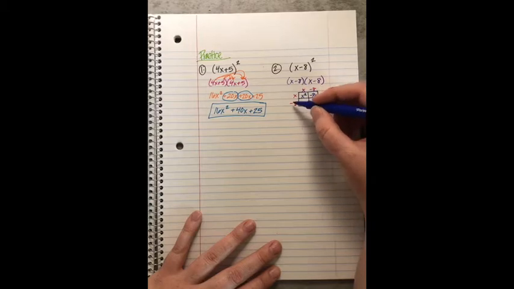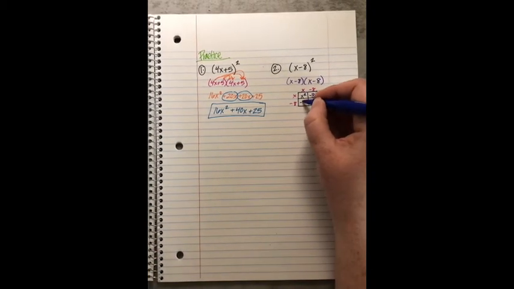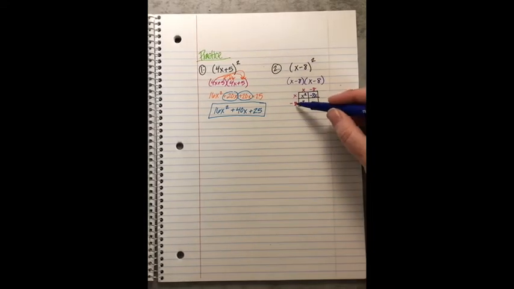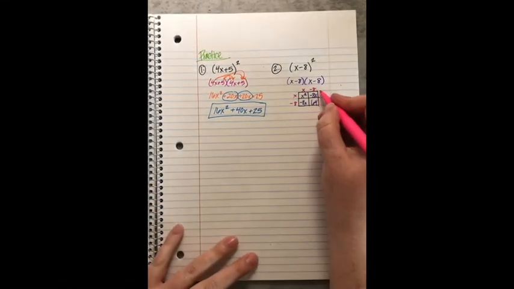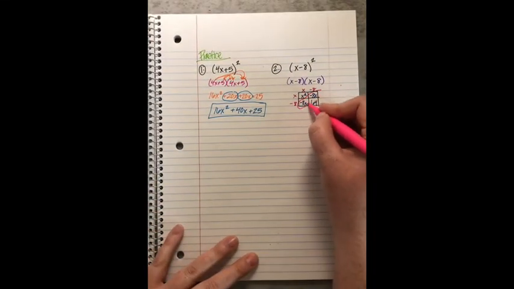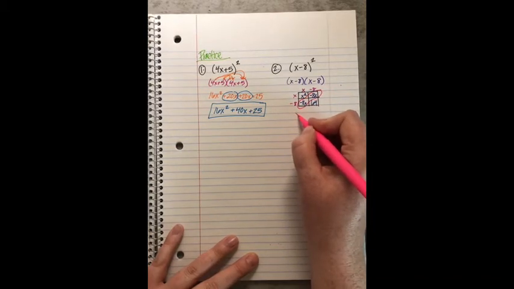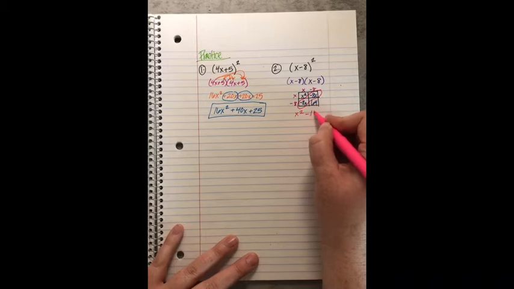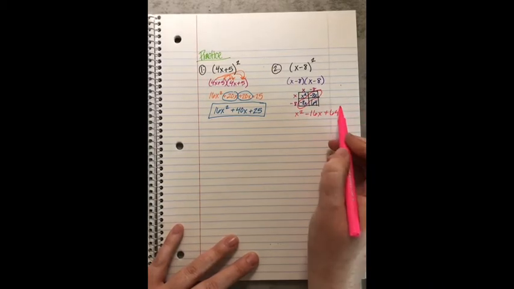Negative 8 times x is negative 8x. And then the last one, negative 8 times negative 8 is positive 64. All right, we combine these like terms. I see some x's I can put together, and I get a final answer of x squared minus 16x plus 64.